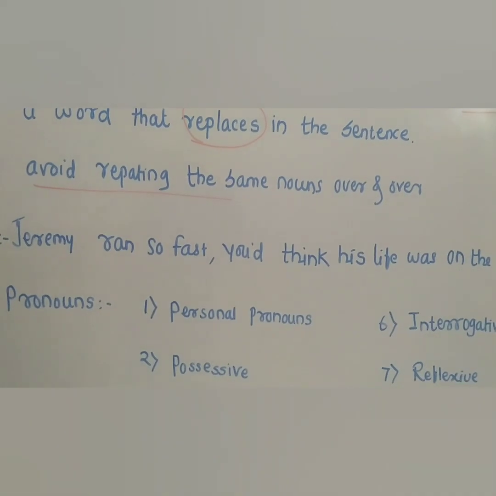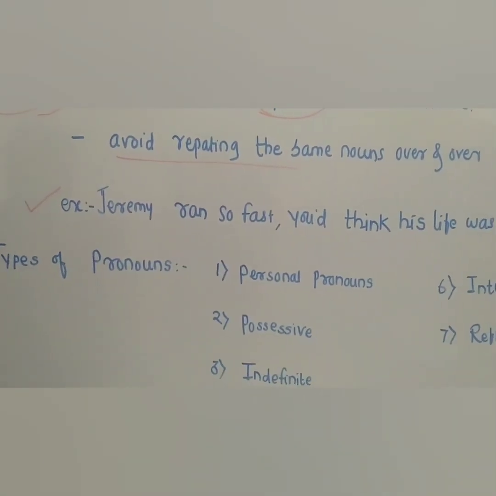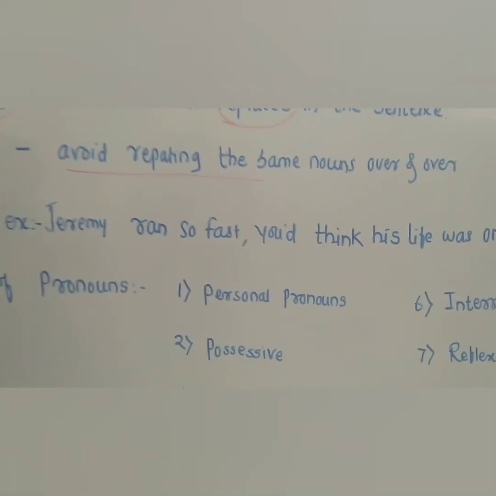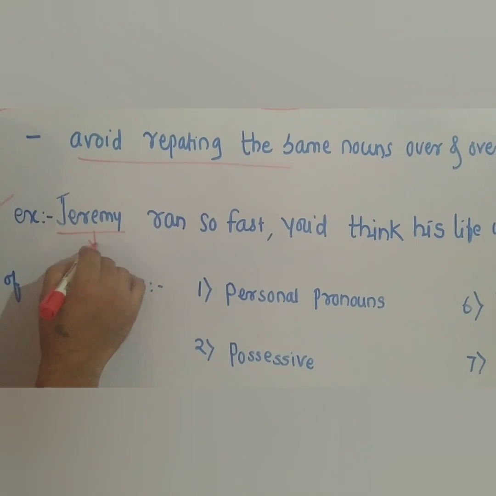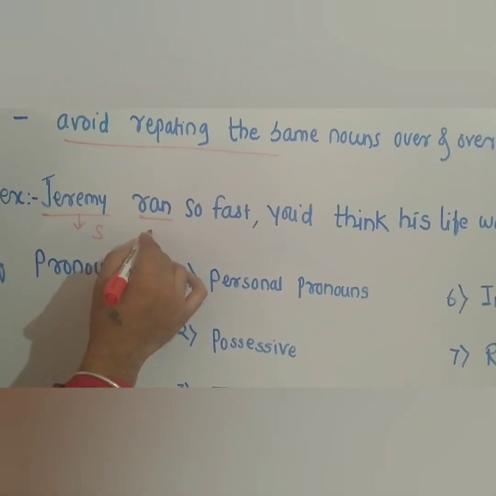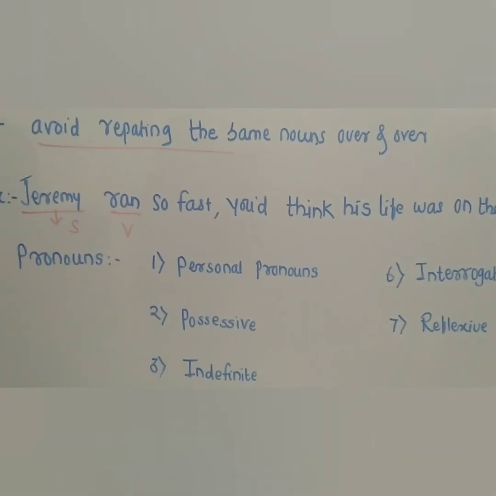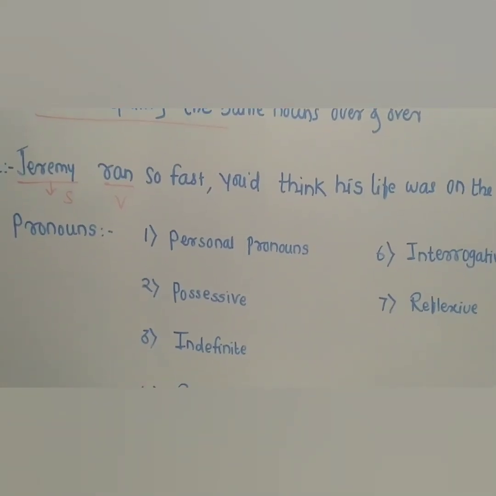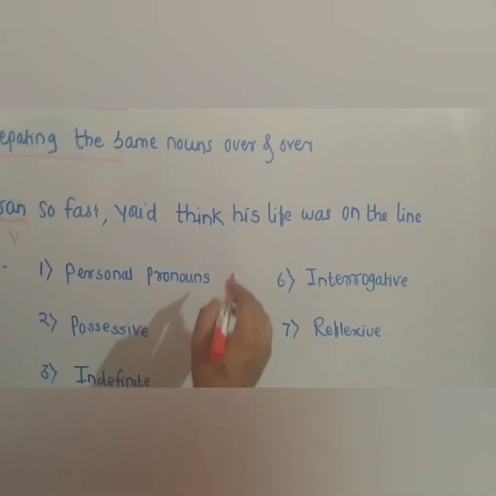See the example and then we come to know about pronouns. Jeremy runs so fast. Here Jeremy is the subject, run is the verb, the main verb. Another sentence: his life was on the line.